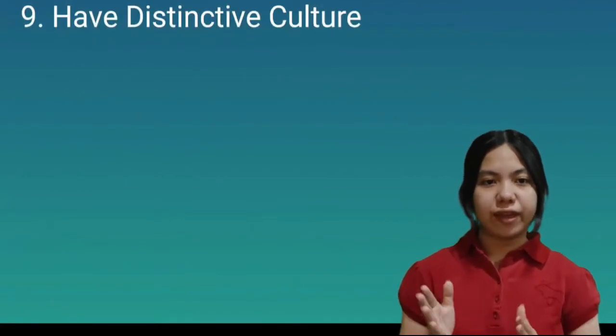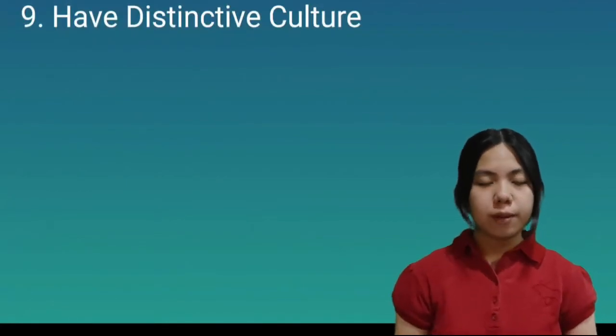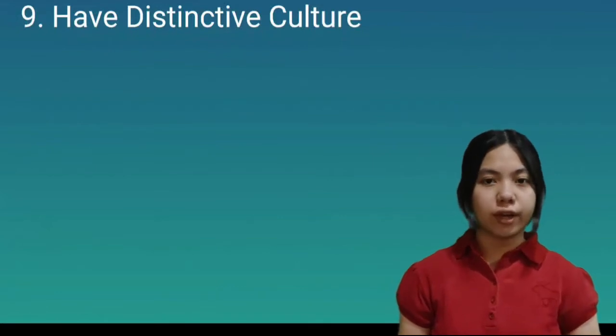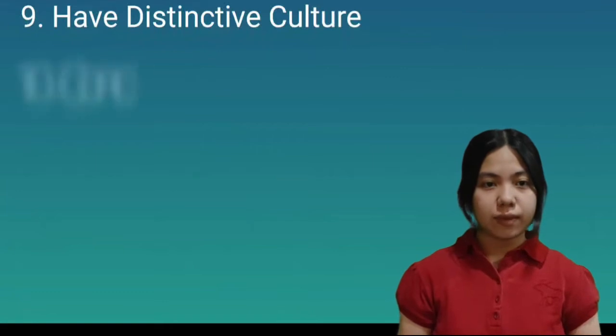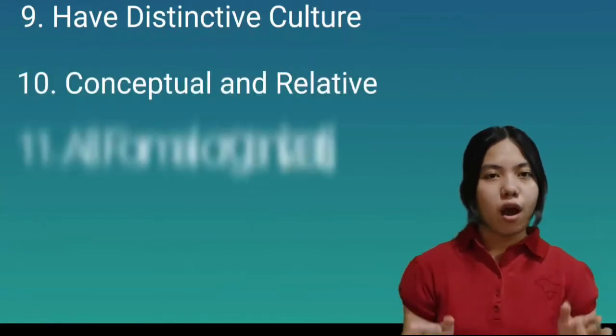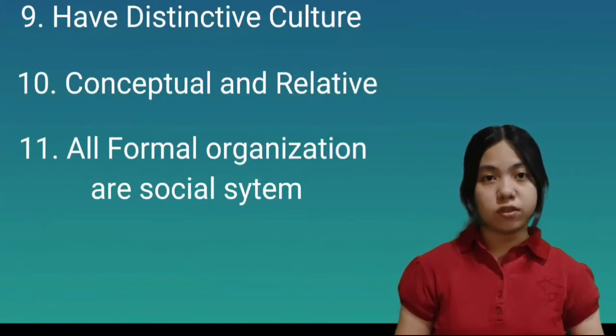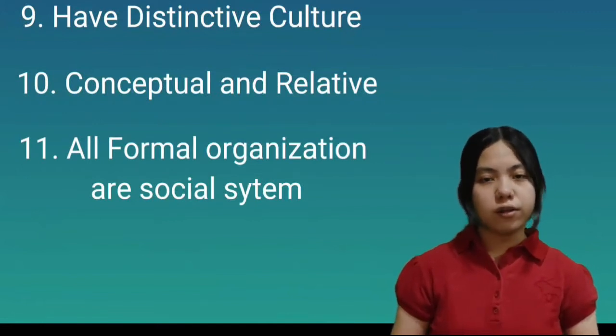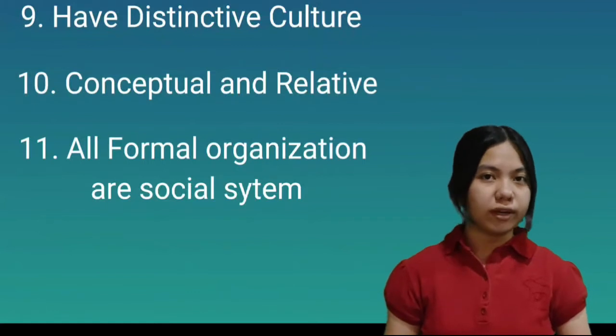Also, it has a distinctive culture because the behavior of the students is greatly influenced by the set of shared values the school has. The social systems are conceptual and relative, and all formal organizations are social systems. However, not all social systems are formal organizations.